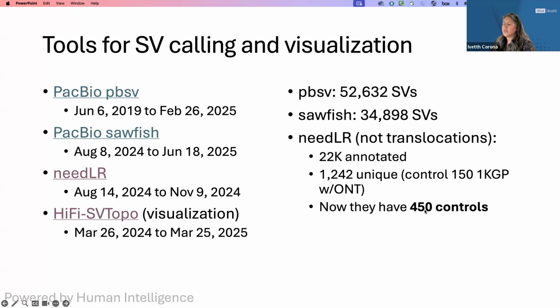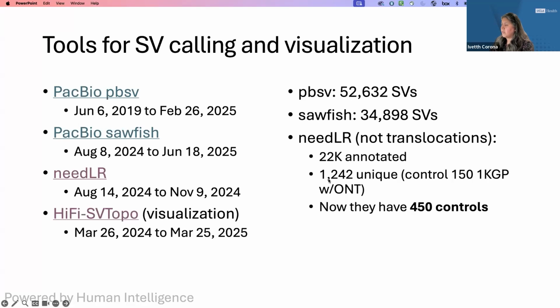So we can use those controls sequenced by ONT to filter down to things that are going to be more important. For example, in one of the samples that we had, pbsv identified in the order of 50,000 structural variants, Sawfish in the order of 35,000, and Needler annotated 22,000. I have to note that it doesn't annotate translocations.